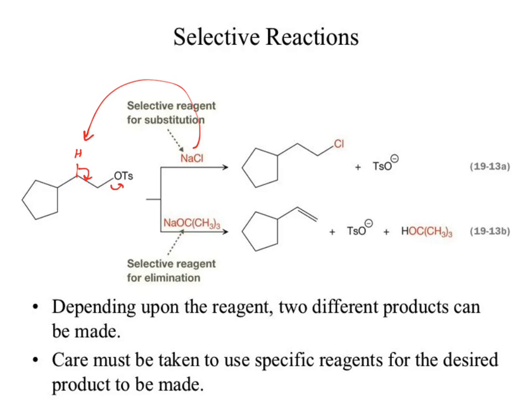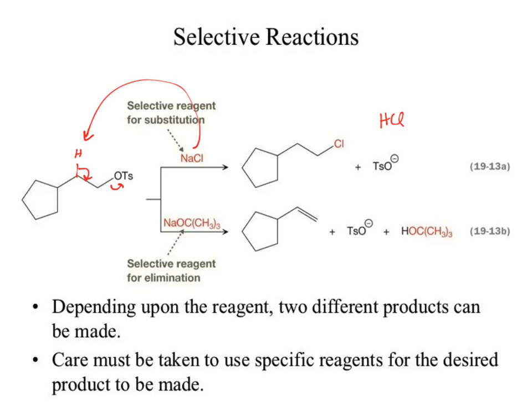What's the problem with that? What would I be producing? HCl. HCl is a strong acid, which is not a favored species to form, so chloride can't do the elimination. So these reagents are selective. Not all of our reagents are selective, and that's where we have to kind of watch out.